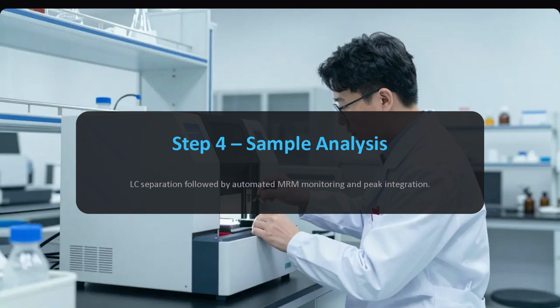Once separated, the compounds enter the Triple Quadrupole instrument, where the MRM transitions are monitored automatically. The instrument generates chromatographic peaks corresponding to the analyte and internal standard. The area under these peaks is measured through peak integration. Using the calibration curve, the instrument software calculates the exact concentration of the analyte in each sample.